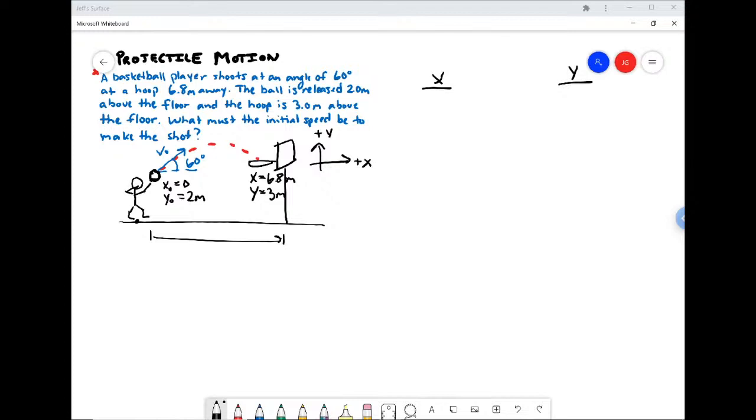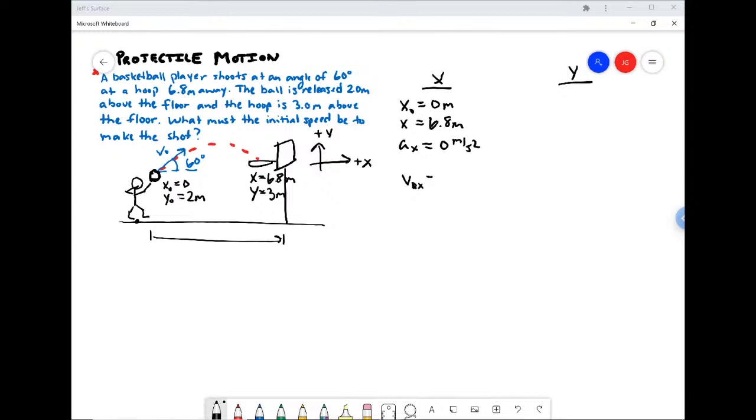So in the x direction, the things we know are initial position, final position, the acceleration in the x direction is 0 meters per second squared, because there's no forces in that direction. And that's it.